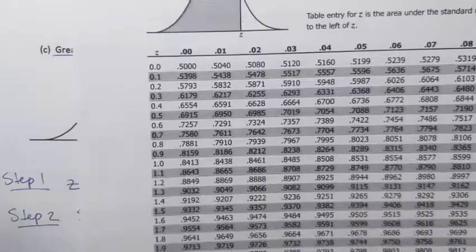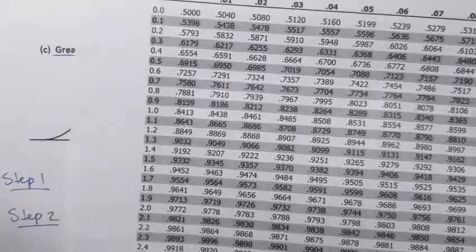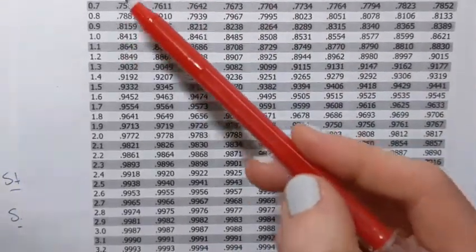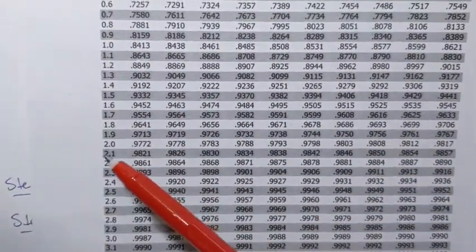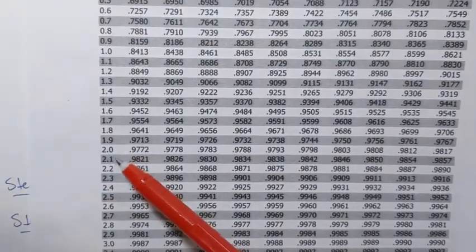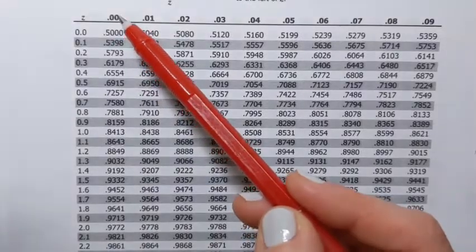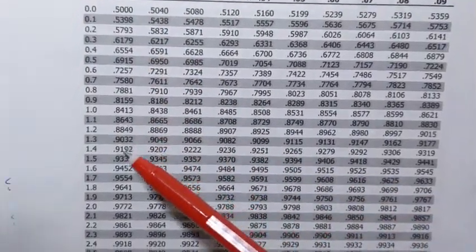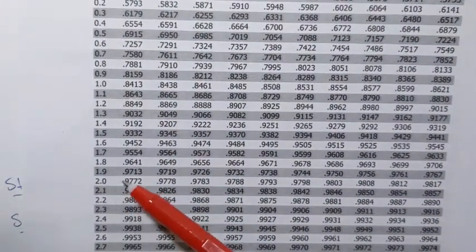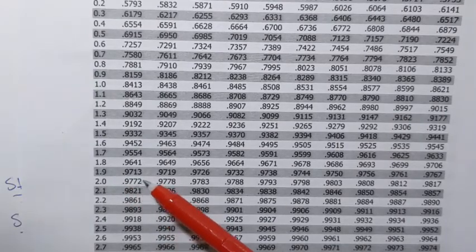So 2.0 is in the first column. Here it is, 2.0, and I have another 0 for that, so the row is 2.0 and the column is 0. So here's the number.